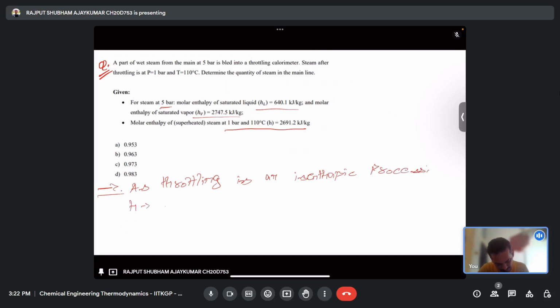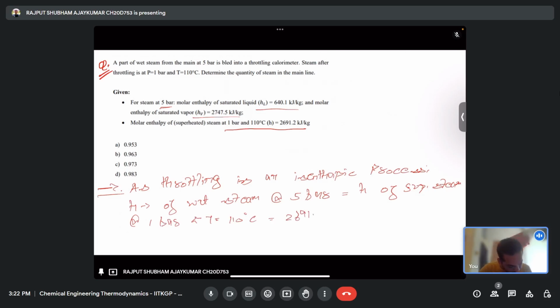Therefore the enthalpy of steam at 5 bar is equal to the enthalpy of superheated steam at 1 bar and temperature of 110 degrees Celsius, which is equal to 2691.2 kilojoule per kg.